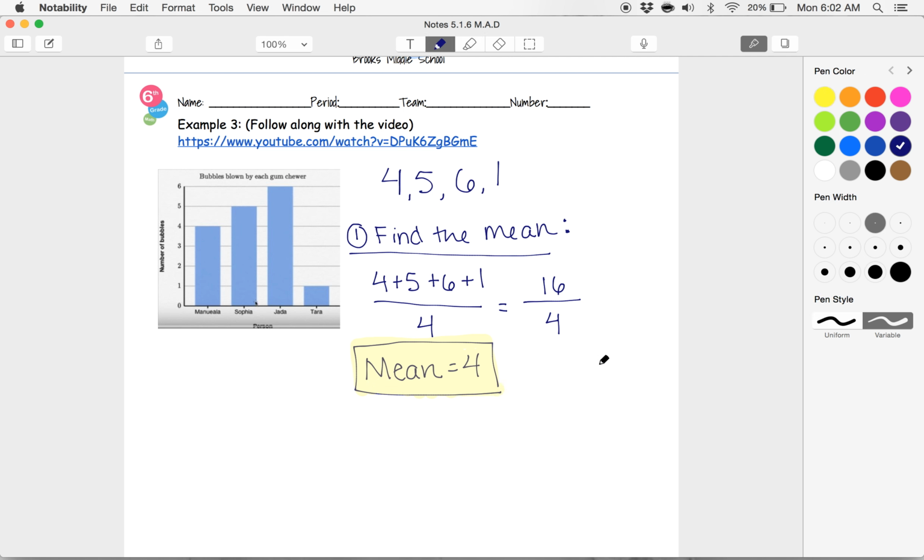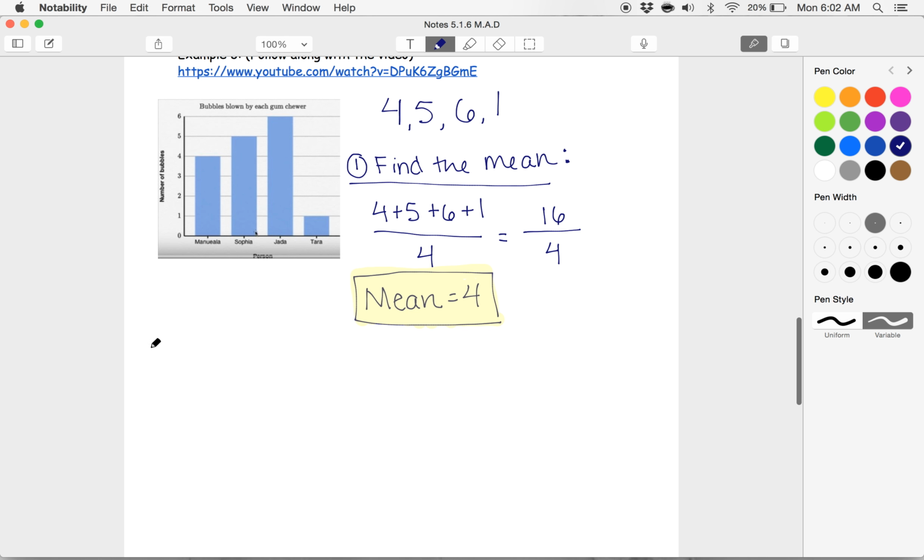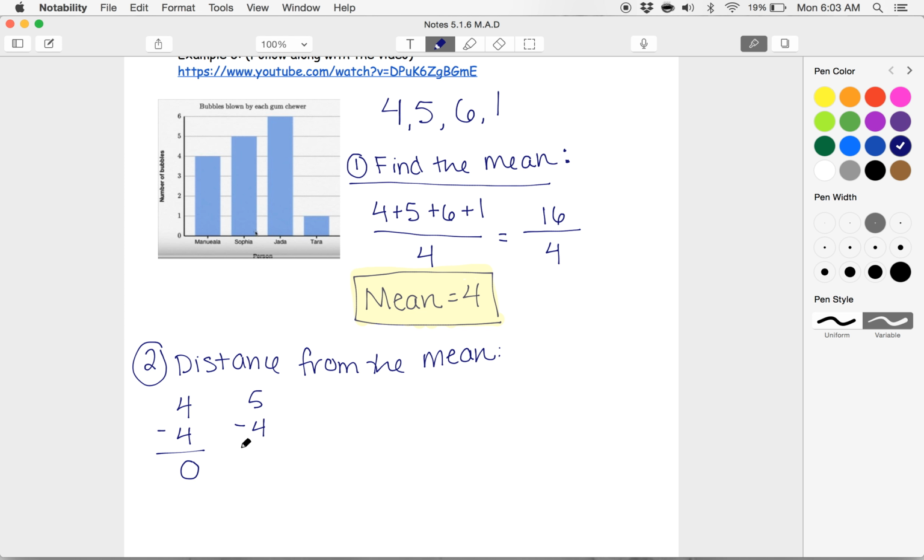All right, let's take a look at the next one. Now I need to know the distance from the mean. All right, so my first number is 4 minus my mean of 4. Oh, that one gives me 0. Next I have 5 minus 4.